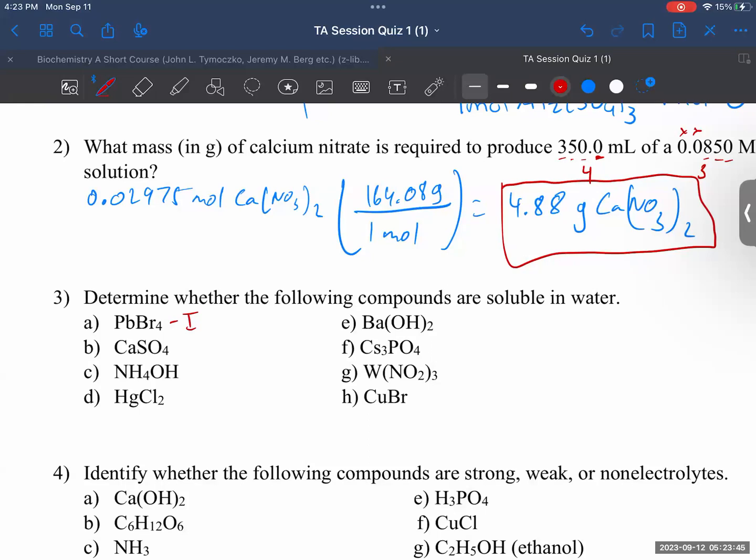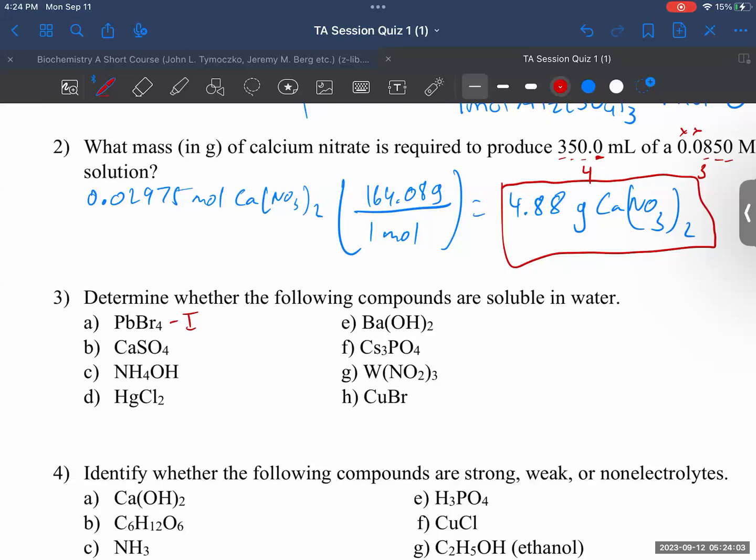So what charge does lead have in this? In what instance is lead insoluble? Yeah, it's 2 plus.